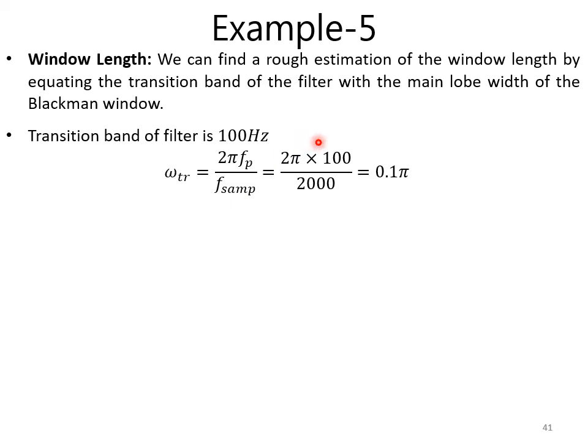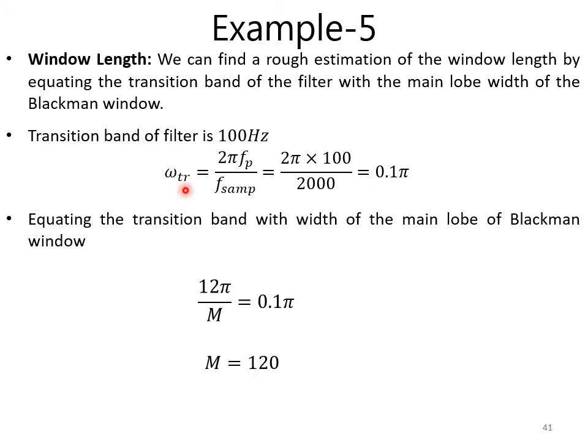So the transition band is 100 Hz, which is equal to 0.1 pi, and comparing this with the width of the main lobe of the Blackman window, which is 12 pi upon M, M came out to be 120. So the length of the filter is 121.